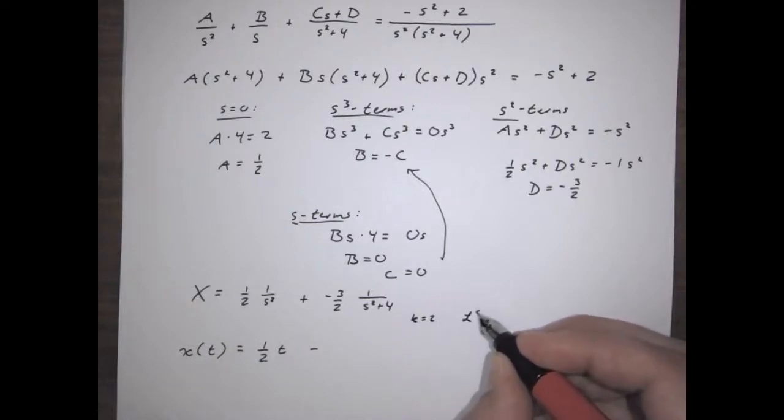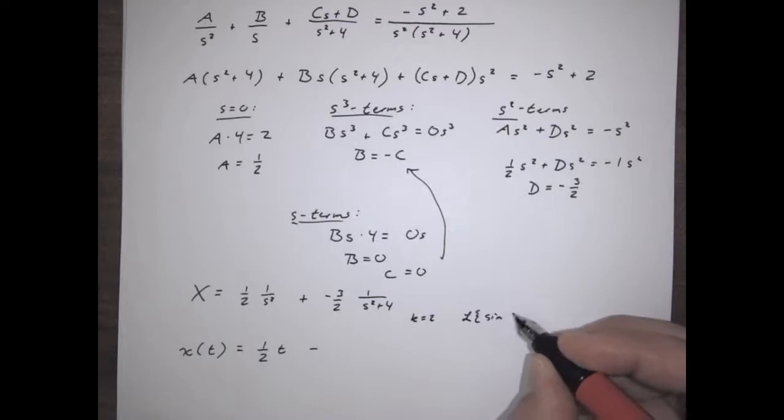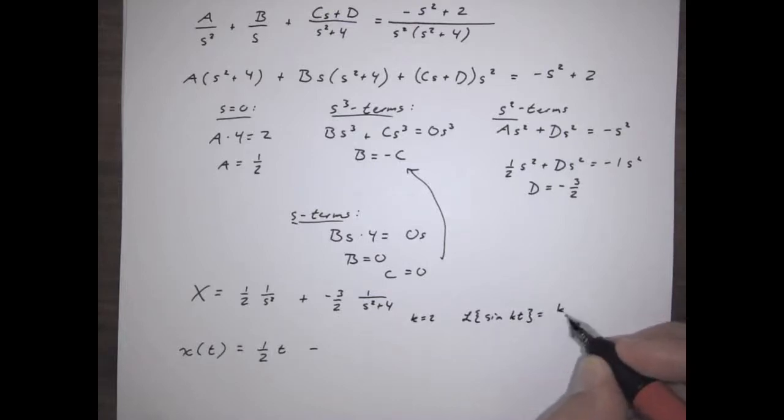And the Laplace transform of sine kt is k over s squared plus k squared.